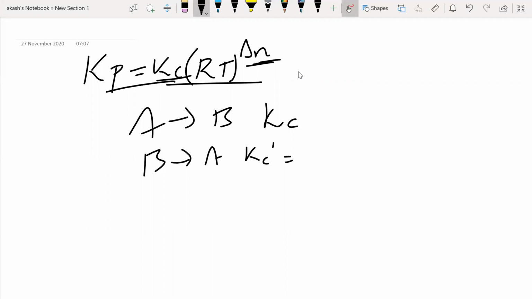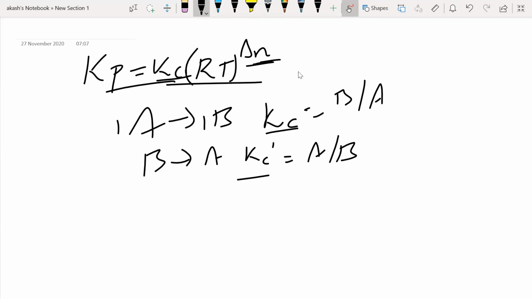In the first one, it will be concentration of B by concentration of A. Here all the stoichiometric coefficients are 1 only, so no issues. So this will be B by A. For the reverse, it will be A by B. So what is the relationship between Kc and Kc dash?